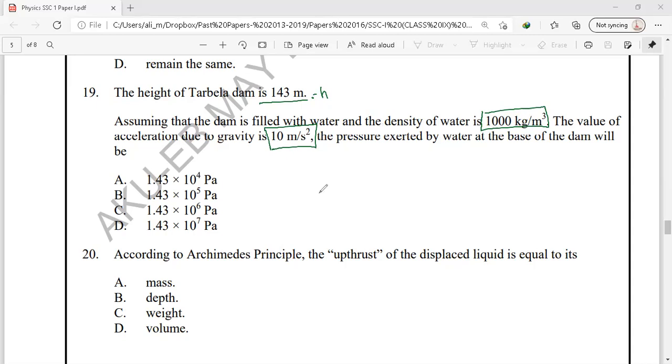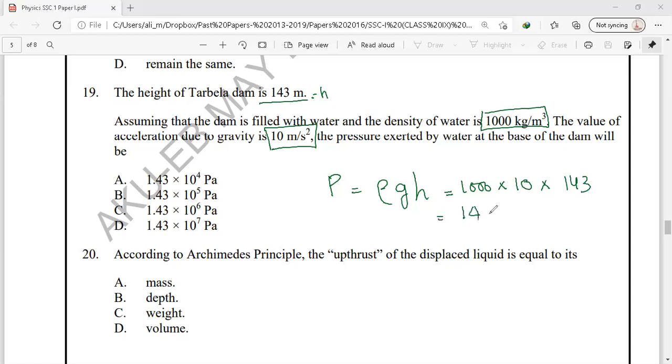We know that the pressure exerted by the water is equal to rho gh, where rho is the density of the liquid, g is the gravitational acceleration, while h is the depth under the liquid. After substituting the values, the density is 1000, gravitational acceleration is 10, and the height is 143.